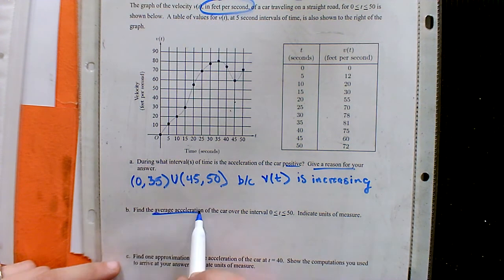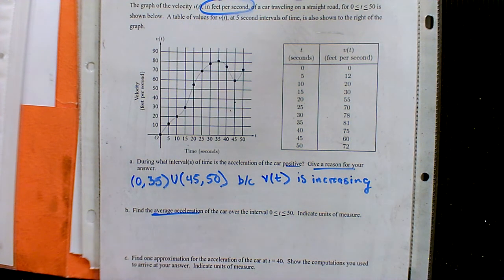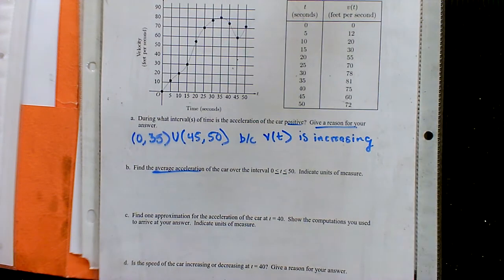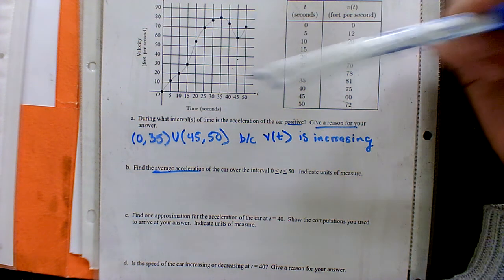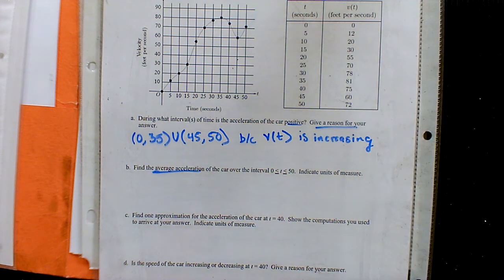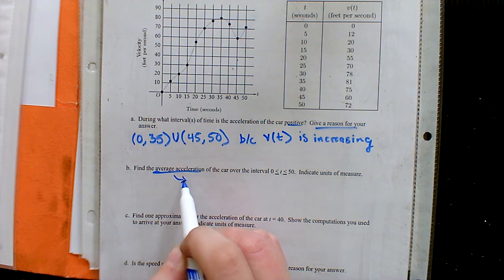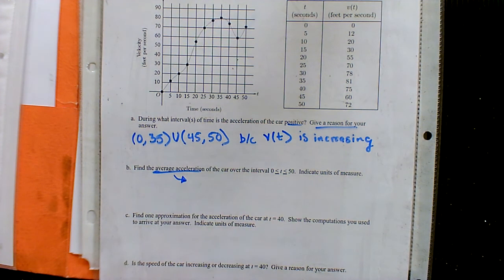All right, part B. Find the average acceleration of the car from 0 to 50. Indicate units of measure. Average acceleration, aka average rate of change. How can we use velocity to figure out an average acceleration? Can we describe in words what we should be calculating mathematically, if it's an average?